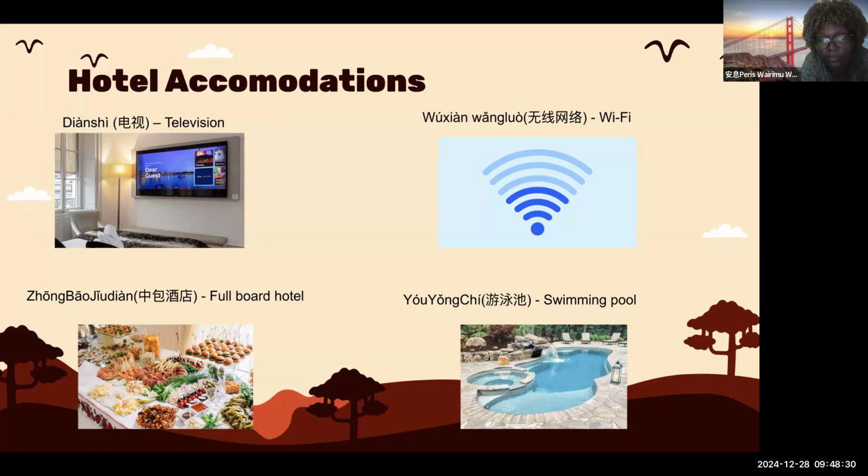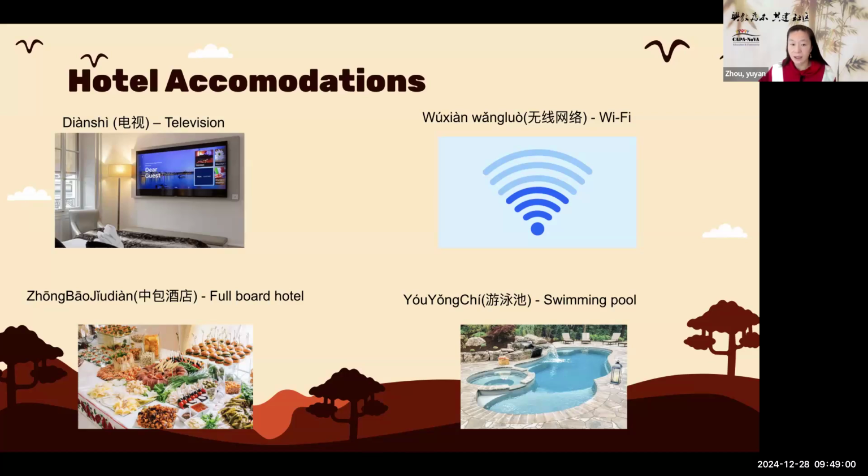I want to say actually the Chinese term for this full board hotel can sometimes be translated differently. 中包酒店 perhaps is one way, especially for Duncan's team that they use. But also, I have seen people use 全包酒店. 全 means fully covered, 全包 means all inclusive.